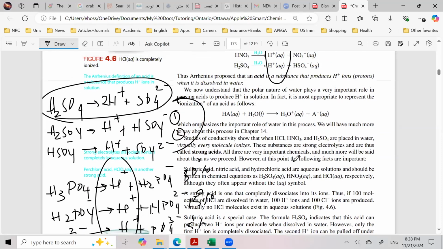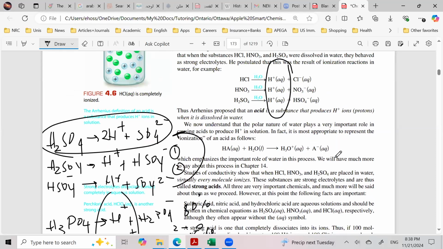Okay, so this is an acid. So this is a general formula for acids. They have hydrogen because according to Arrhenius theory, acid is a substance that produces hydrogen ions in water. So we have HA, A standing for anything, like A could be Cl, A could be a nitrate, A could be sulfate ions, anything.